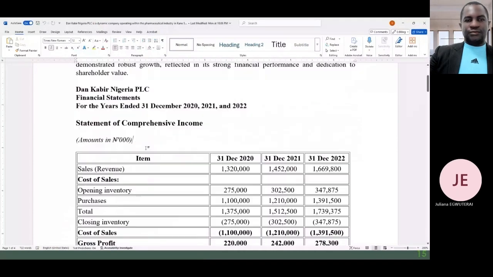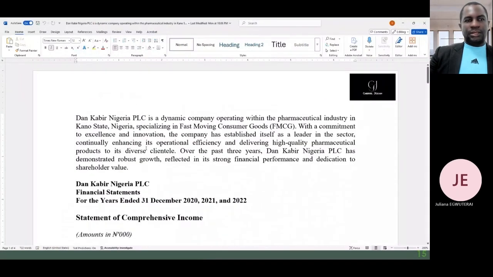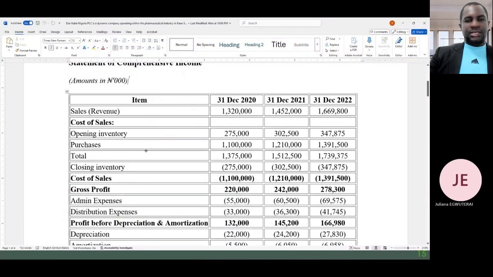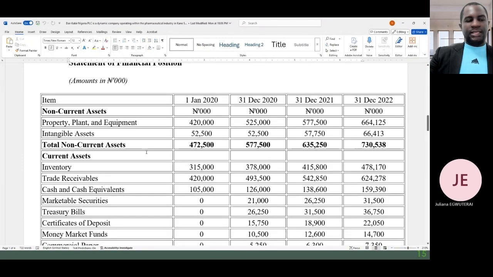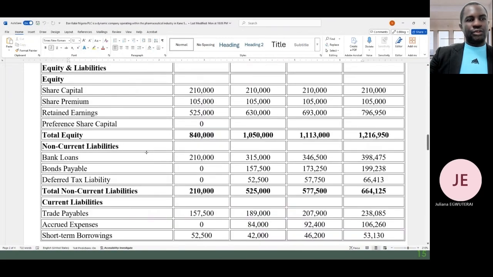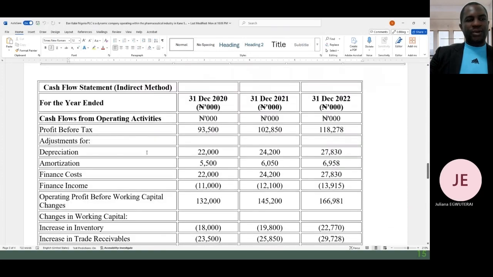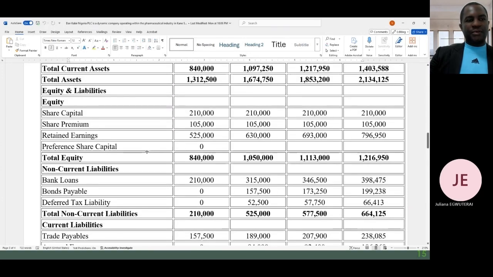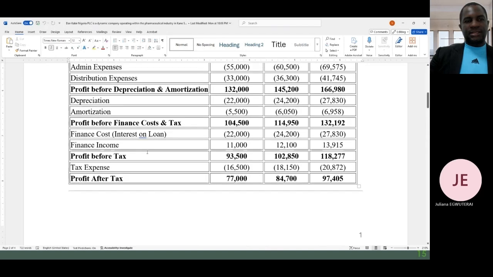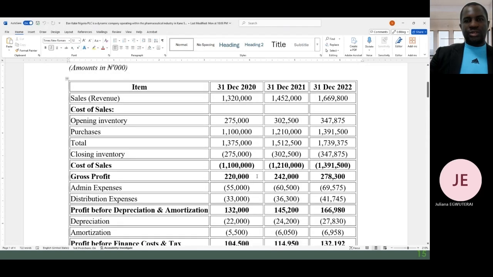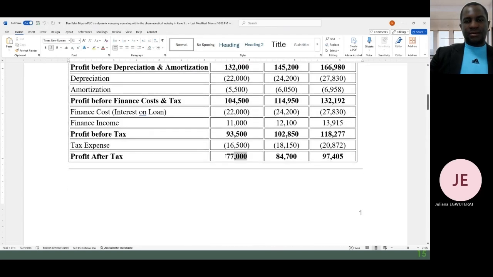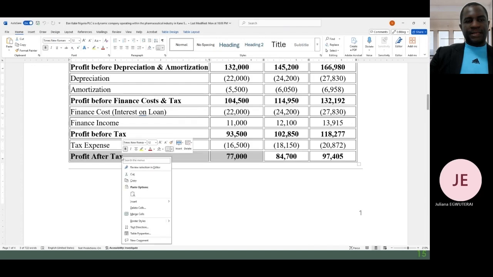Okay, so I've moved to the Dan Kabir document, and we'll be looking at the calculation. So from our SCI, we have our profit after tax, which for 2020 is 77 million. Let me pick that.